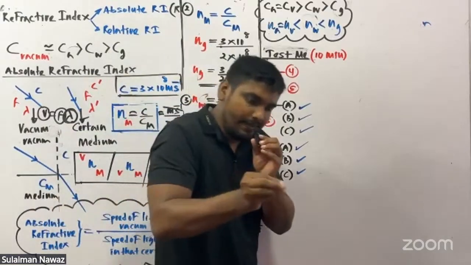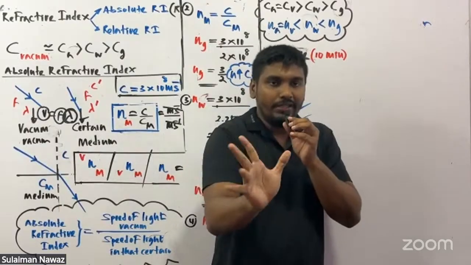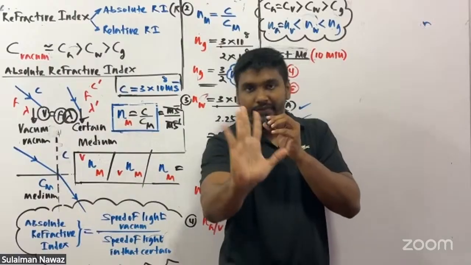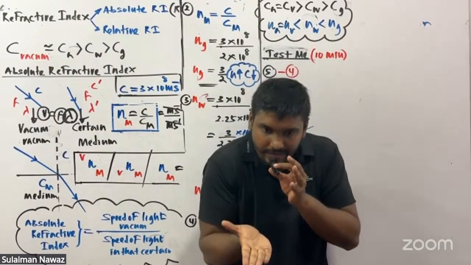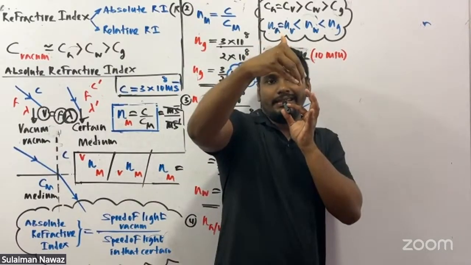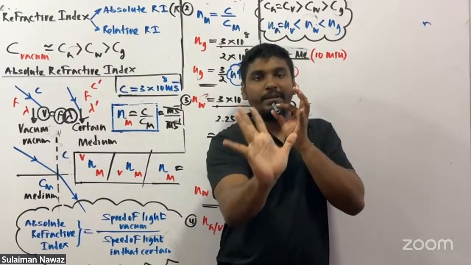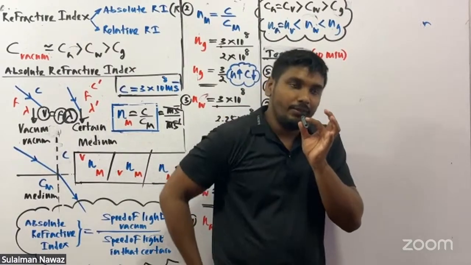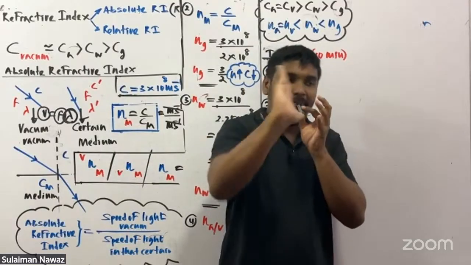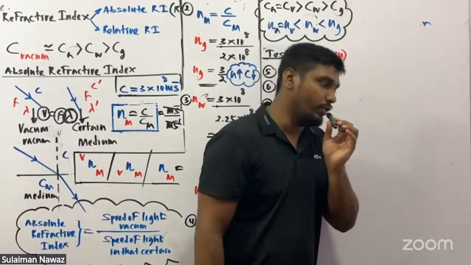If the light rays enter a certain medium, how much is the speed reducing? To measure that, we define a physical quantity called refractive index. Absolute refractive index is always relative to vacuum. When you come to the relative refractive index, relative to any one type of medium, what would be the reduction in the speed in the other medium? That story, don't worry, I will tell you.